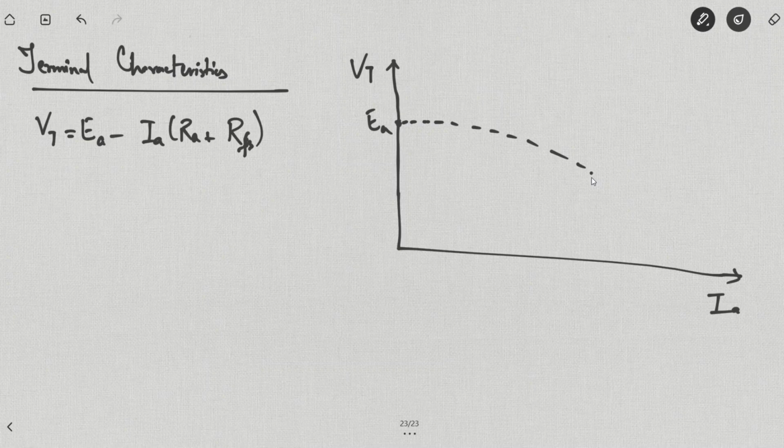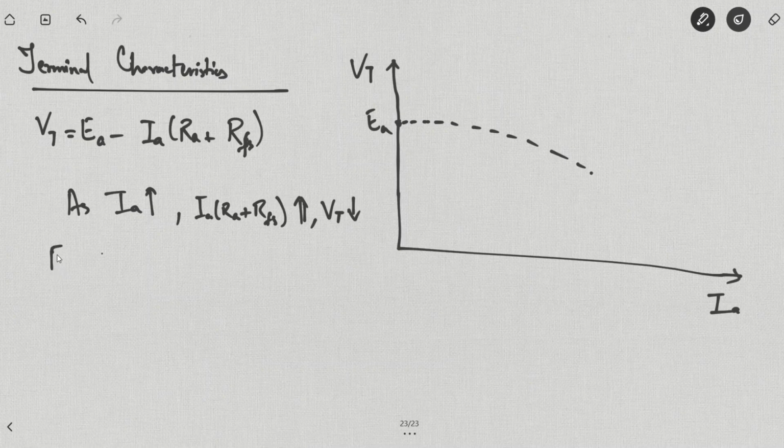But it's not so simple. This basically depends upon the number of turns of the series field winding and the parallel field winding. What happens in this case is, as IA increases, the IA into RA plus RFS drop increases, that means VT should normally decrease. Fine, but what else is happening in the circuit?